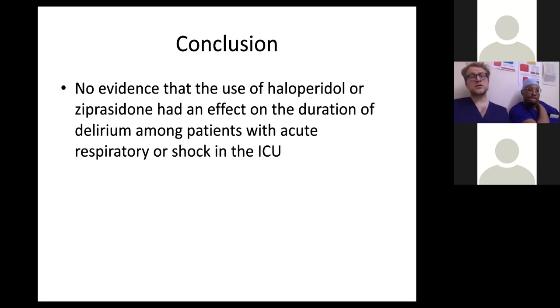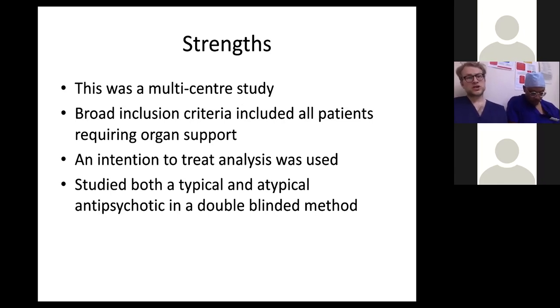So in conclusion, this paper stated that there was no evidence that the use of haloperidol or ziprasidone, so your typical and atypical antipsychotics, had any effects on the duration of delirium among patients with acute respiratory failure or shock in the ICU, so our general admission cohort into ICU. So what were the strengths?